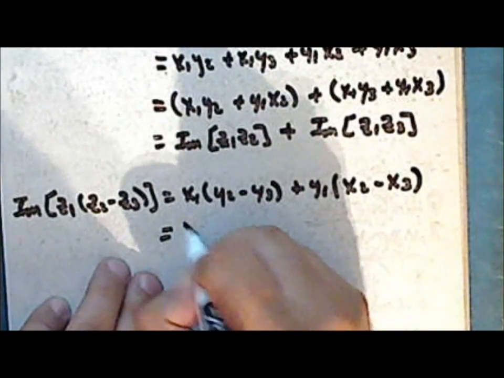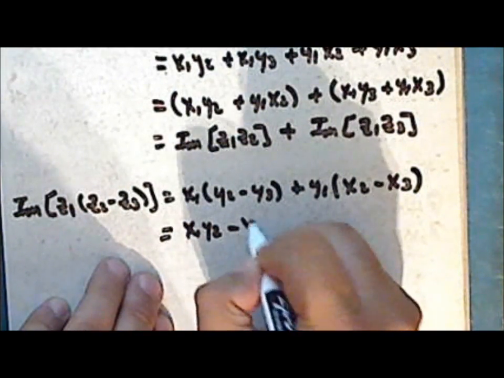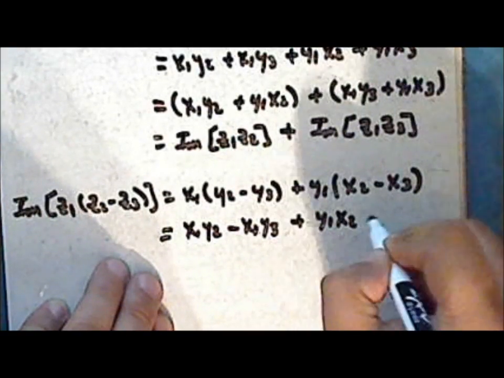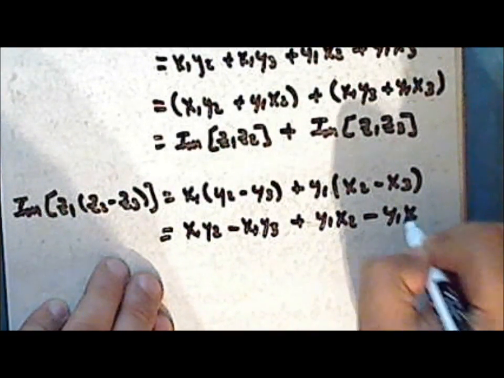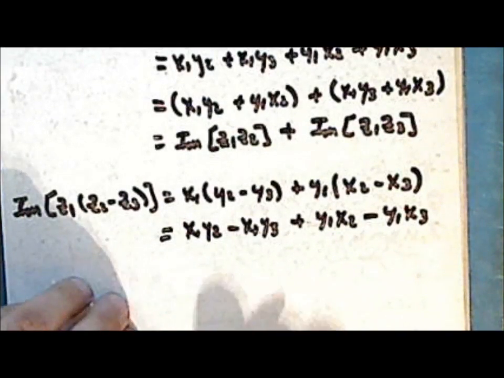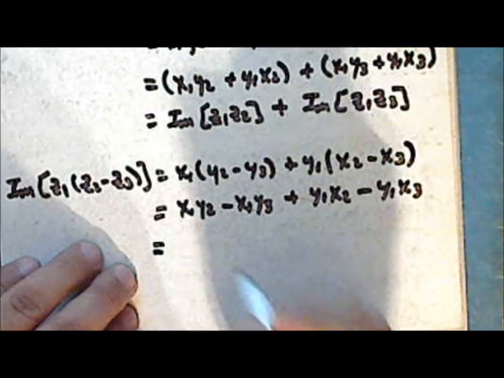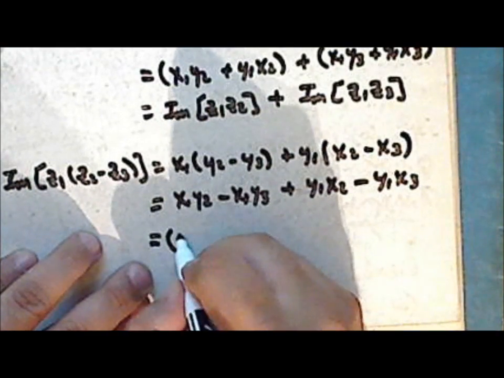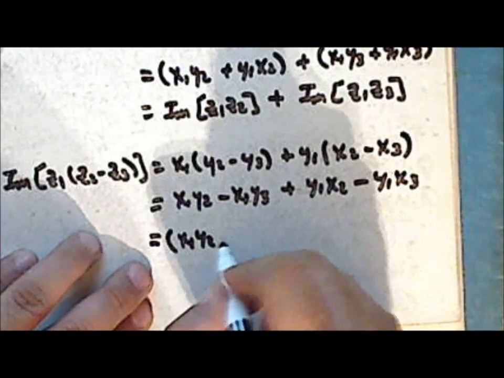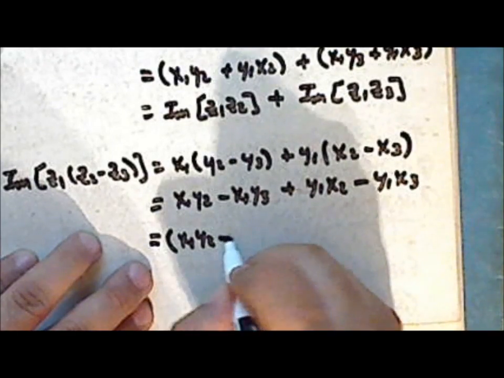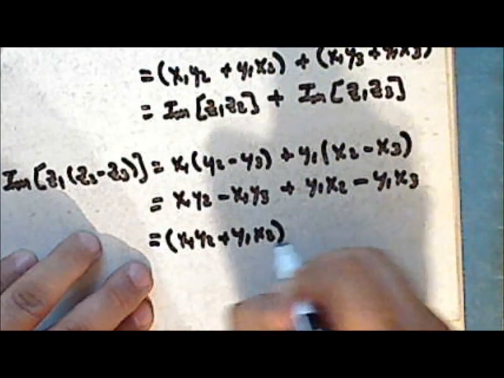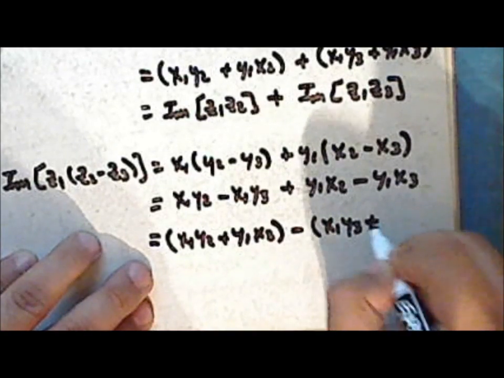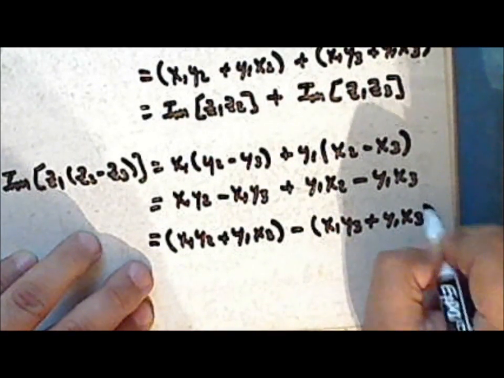So we have x1 y2 minus x1 times y3 plus y1 times x2 minus y1 times x3. So again, we will group them in the following way: the quantity x1 times y2 plus y1 times x2, minus the quantity x1 y3 plus y1 x3.